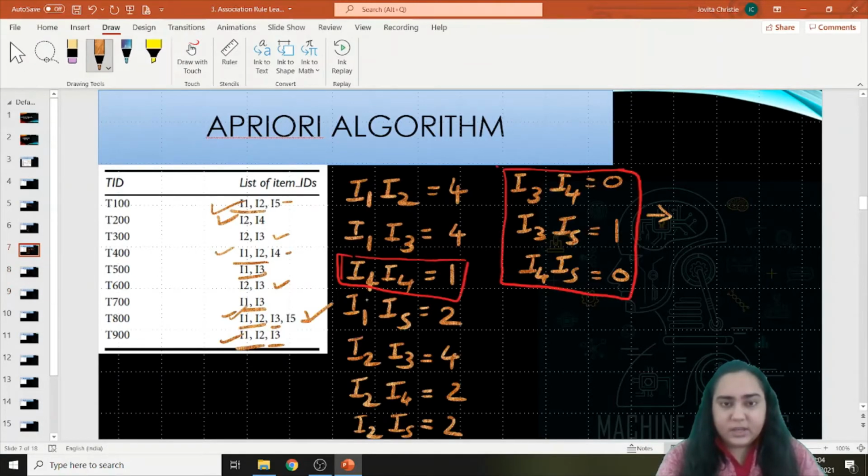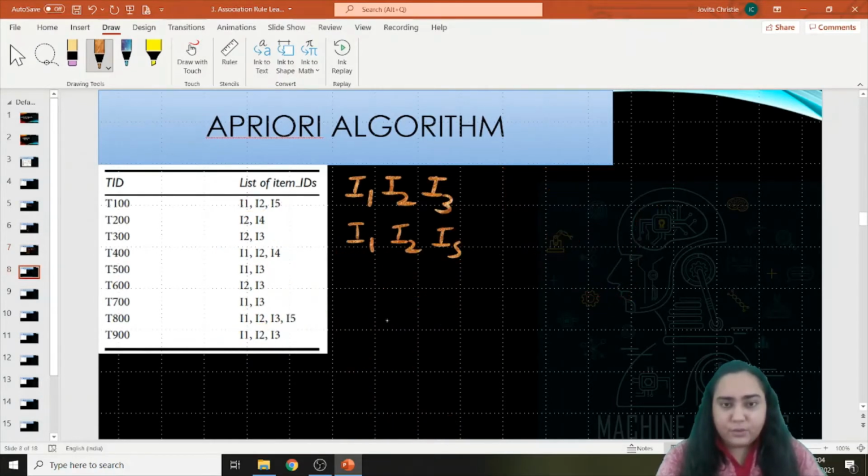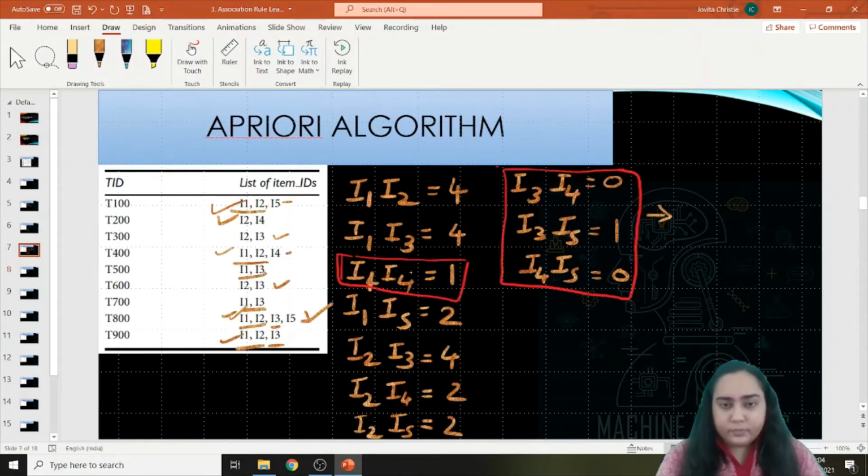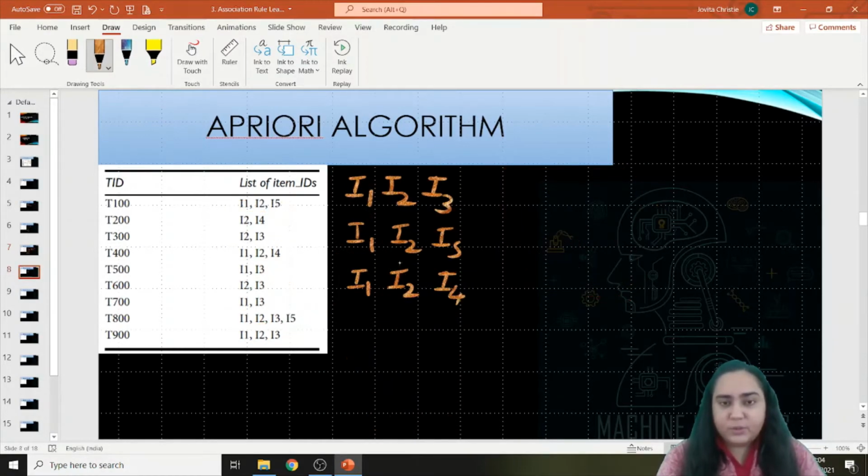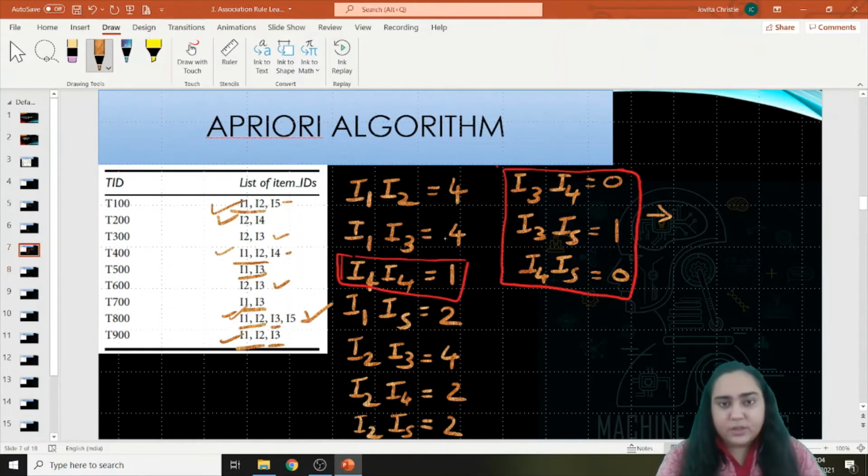Next, I can have I1, I2, I3, but that's already there. So I1, I2, and I4. I could make a combination of first and last, but that would give me I1, I2, I5, which I also have. So we'll not consider that. And let's now talk about I2. So I2 is common here with this one, but we've already included that.